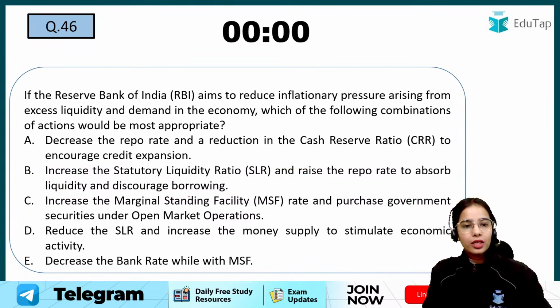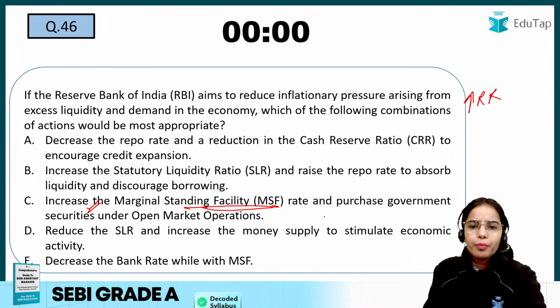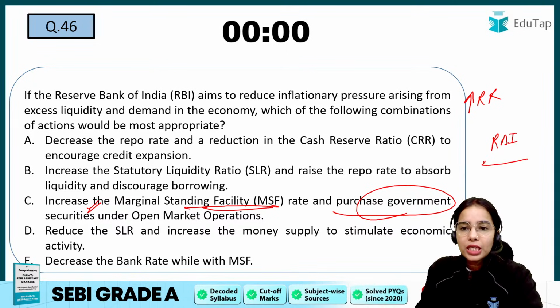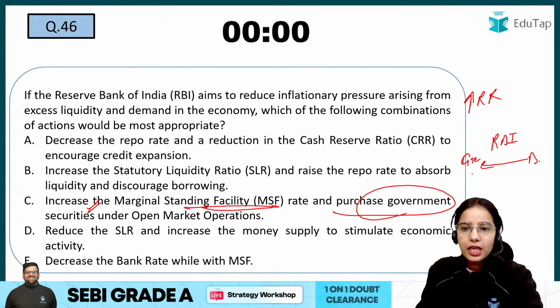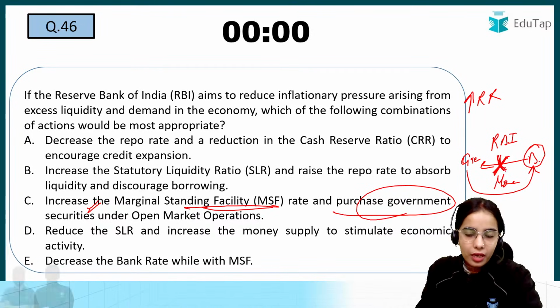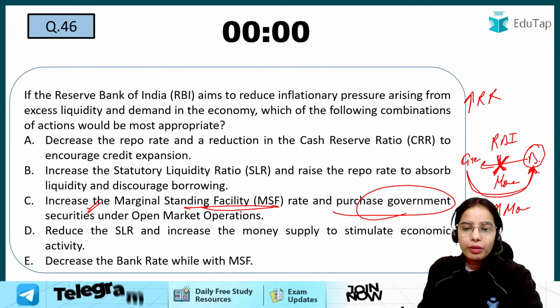Okay. If the repo rate is increasing, the MSF rate will also increase. So this should also be correct. But if the RBI is purchasing government securities from the banks, the RBI will have to give money to the banks. So the RBI will not purchase government securities from the banks, because it does not want to release money to the banks; if banks have more money, they will lend more, there will be more demand, and higher prices.